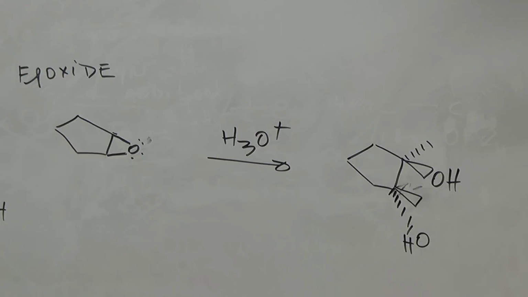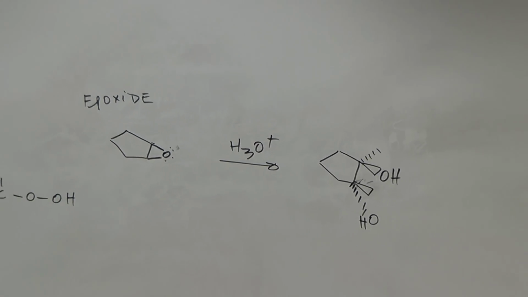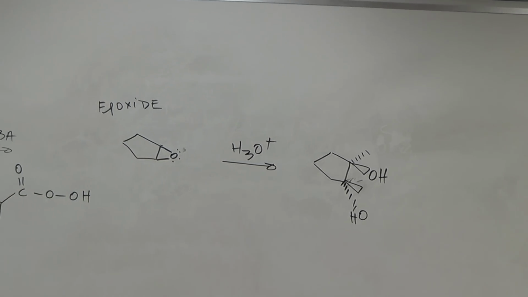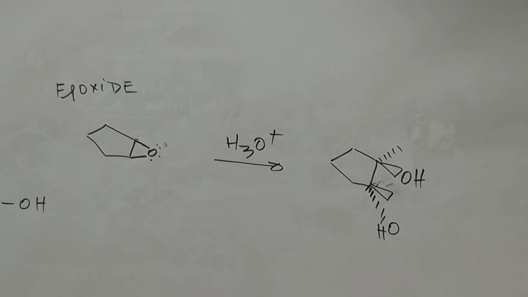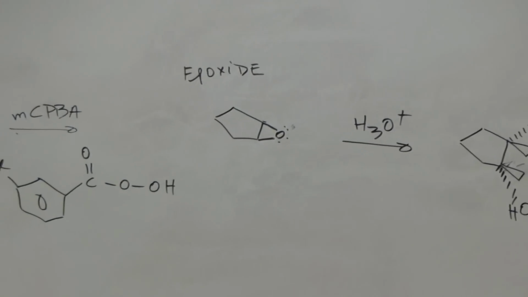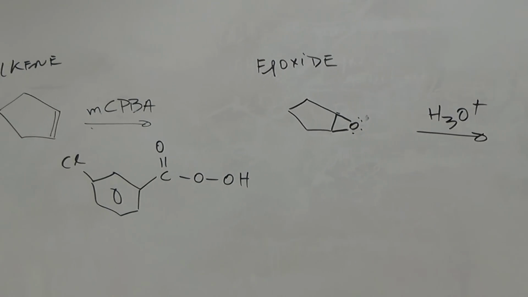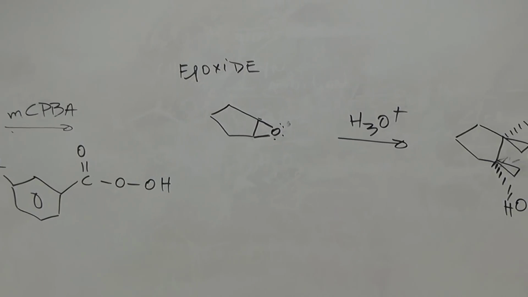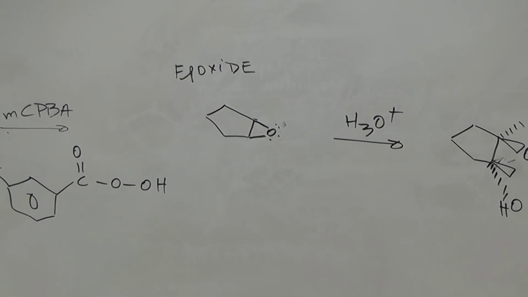So on the test, if I ask you to give me a reaction to make a cis diol, what do you choose? Osmium tetroxide and sodium bisulfite. And if I ask you for a trans diol, you use in the first step MCPBA, metachloroperbenzoic acid, and in the second step H3O plus. And what is that going to do?